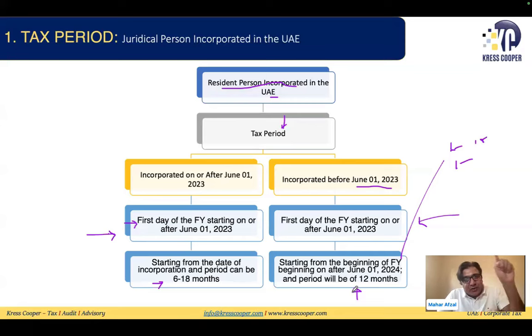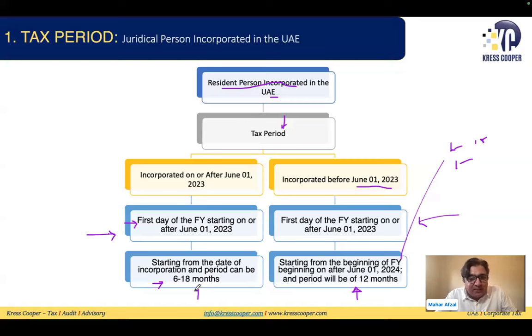When they entered the tax era, their previous financial period that was running was not subject to corporate tax. The new period will be the second period, a subsequent year, and subsequent years, the second, third, fourth year, other than the first year, are 12 months. The same period will be their tax period as well. So in most cases here, the tax period will be 12 months.